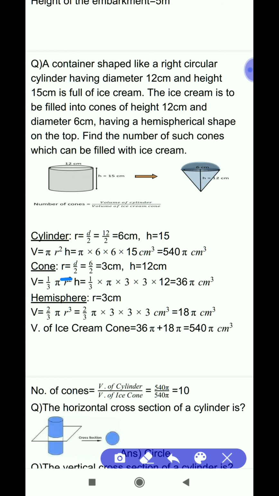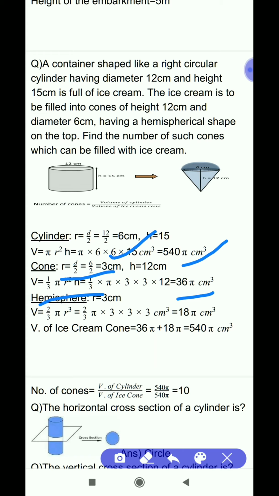The radius is d by 2, 6 by 2, is equal to 3 centimeters and height of the cone is 12 centimeters. So volume is 1 by 3 pi r square h according to the formula of volume of the cone. By substitution we get 36 pi centimeter cube.